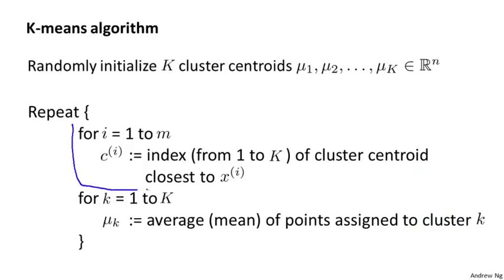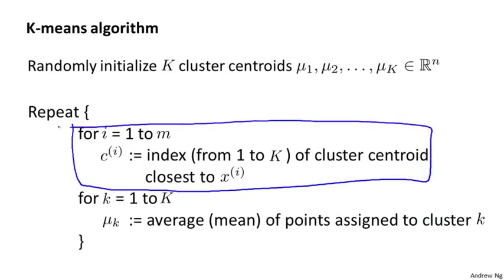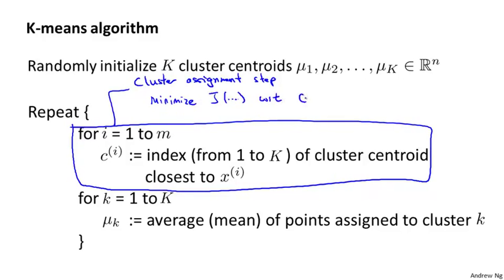The first step of this algorithm was the cluster assignment step, where we assign each point to a cluster centroid. It's possible to show mathematically that what the cluster assignment step is doing is exactly minimizing J with respect to the variables c^1, c^2, and so on up to c^m, while holding the cluster centroids mu_1 up to mu_K fixed.